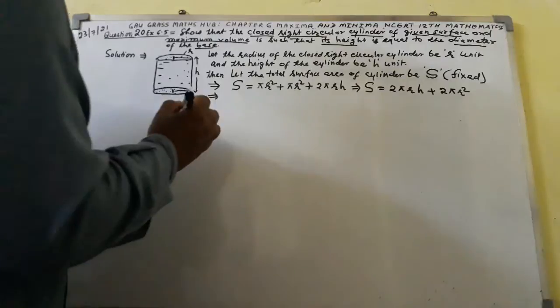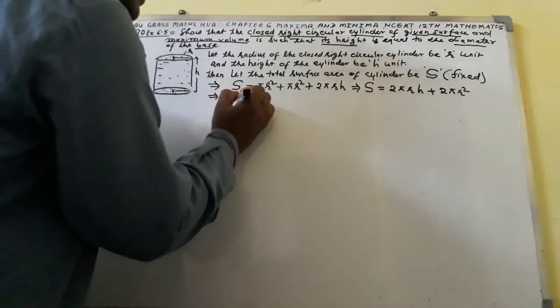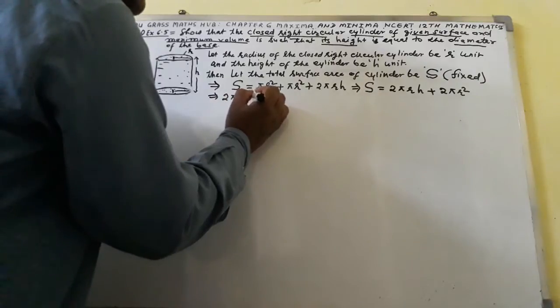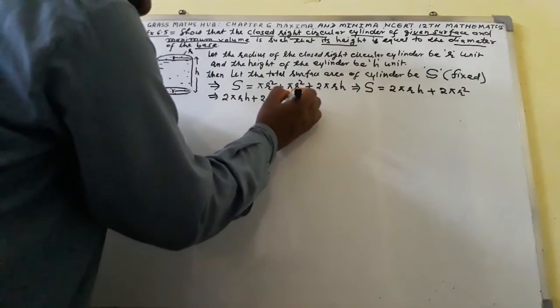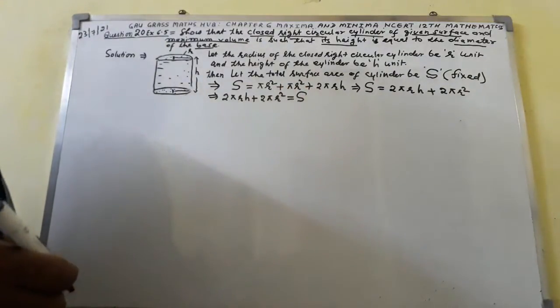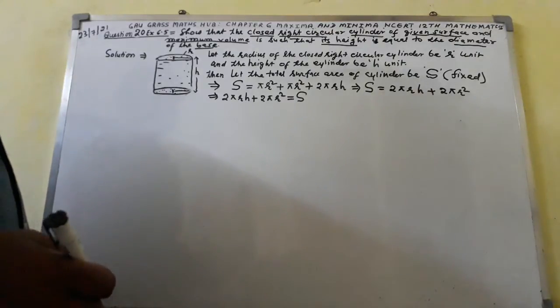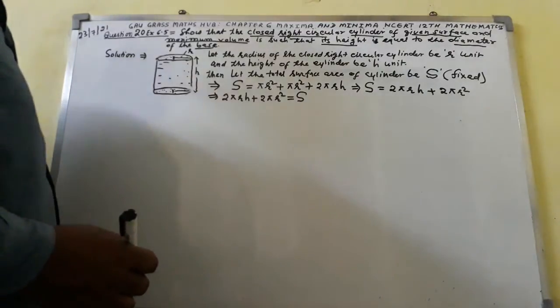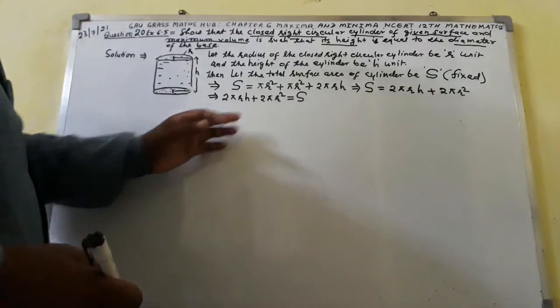So here I shall write 2 pi r h plus 2 pi r square equal to capital S. Now what shall I do here? Find the value of h.